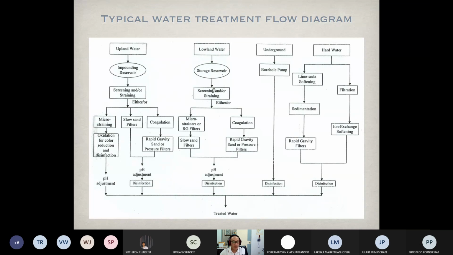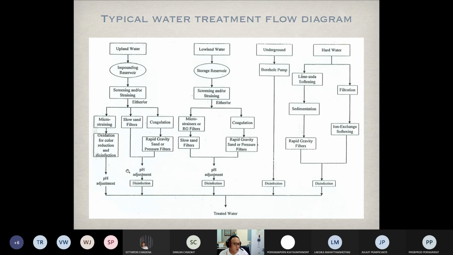But if we use lowland water, it is also the same, but similar to the upland water, starting with screening, followed by coagulation and flocculation, sedimentation, rapid sand filter, and ending with disinfection.